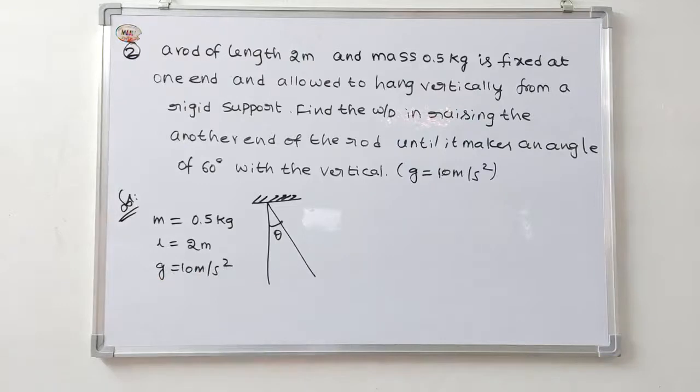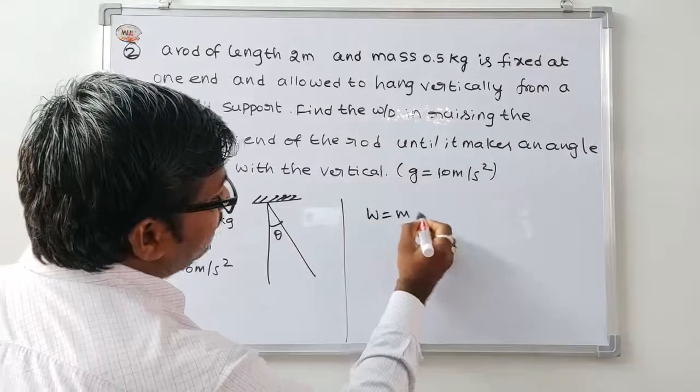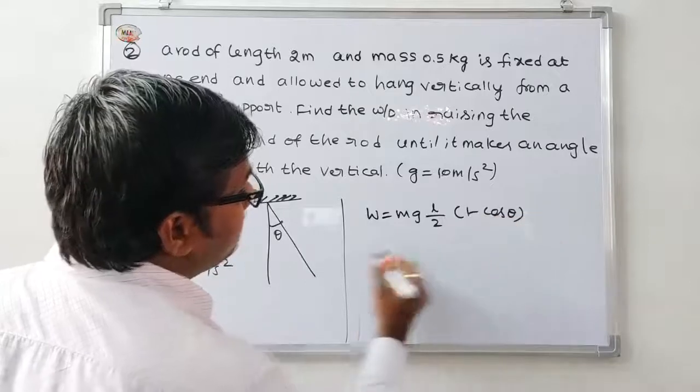Then the work done by the formula W is equal to mg l by 2 into 1 minus cos theta.